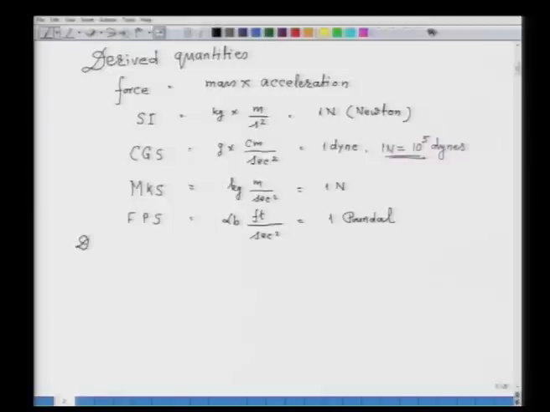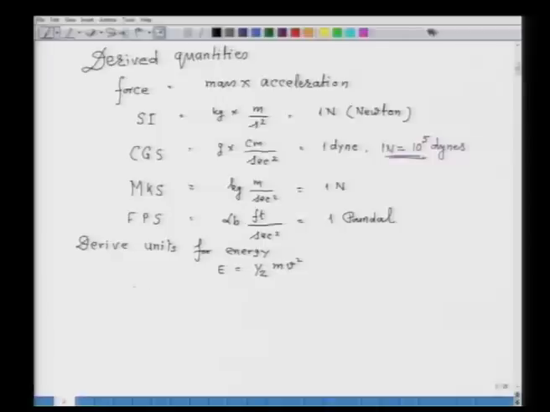So, let us derive units for energy. All that we have to do is write down the formula. Say energy E is equal to half m v square, where m is the mass and v is the velocity.